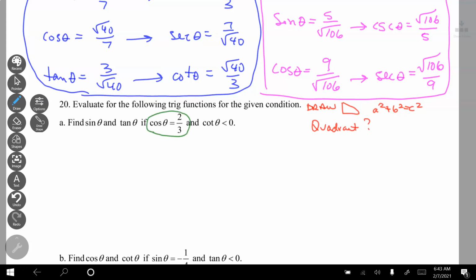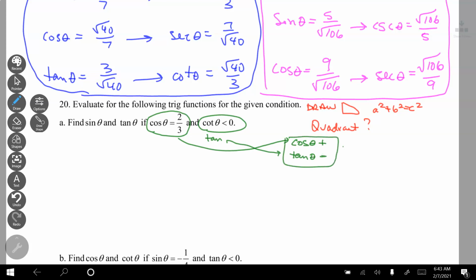I'm given this information. Well, if it's cotangent, it's really tangent. So the 2 pieces of information I'm given is that cosine is positive and tangent is negative. So according to my information, I'm in quadrant 4. And I'll use that later.